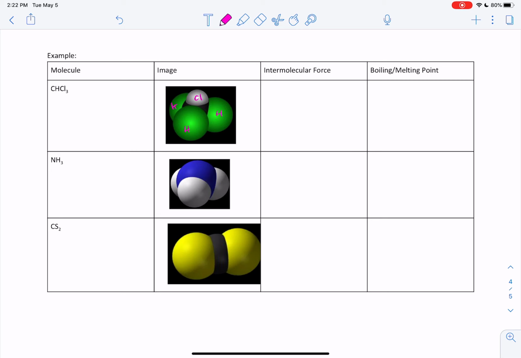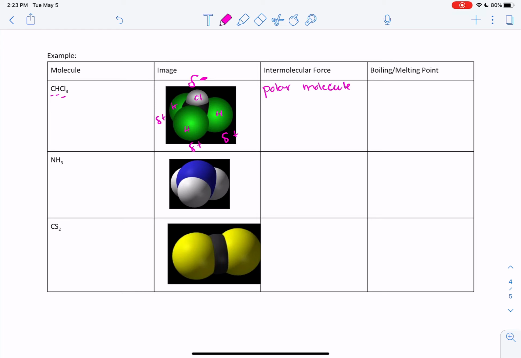And we know carbon, hydrogen, and chlorine are going to be far apart from each other on the periodic table. So this is going to be a polar bond. Chlorine is more electronegative, so it's going to have that partial negative. It's going to pull the electrons towards itself. The hydrogens are going to have a partial positive charge. So we know this is a polar molecule.